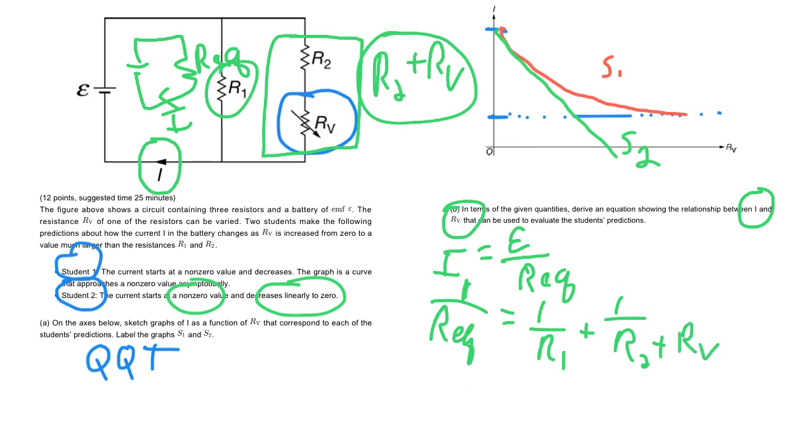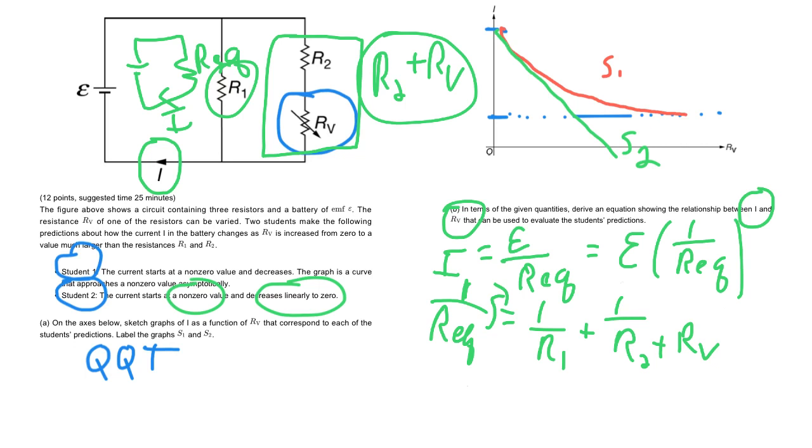Alright, then we just want to sub this in. If you notice, this is essentially epsilon times 1 over R_EQ. And so instead of doing some crazy algebra, I'll just sub in for 1 over R_EQ.